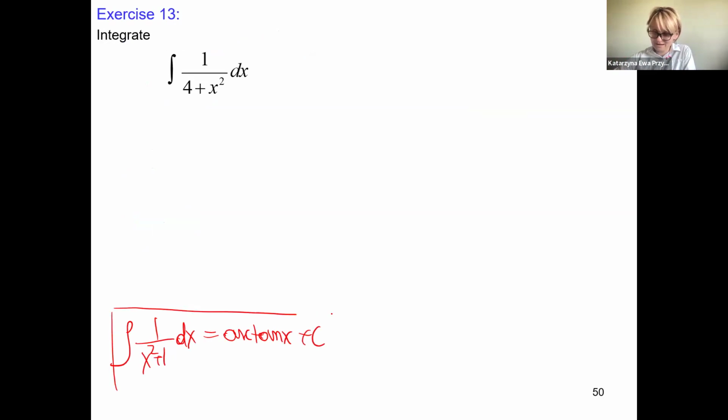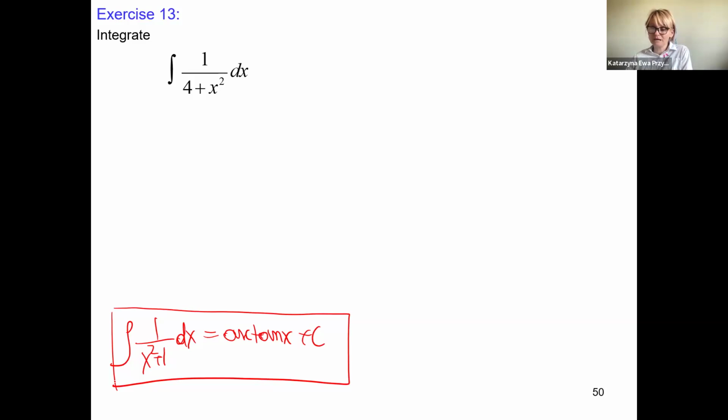That means now let's play. This one will definitely be arctangent because there is no variable on the top. We just have x squared plus, instead of 1, we have 4. That 4 affects the arctangent, but the main thing is it is arctangent.